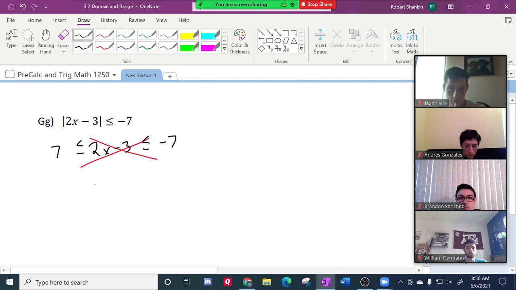The real solution is no solution. Because I just look at it and say, when you take the absolute value of something, you always get something positive. How can a positive number be less than or equal to -7? Which means to the left of -7 on the number line. Impossible. So this is no solution.